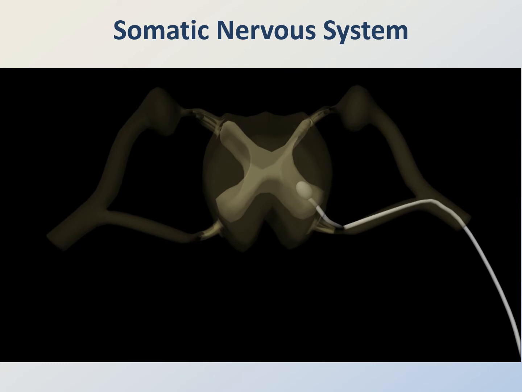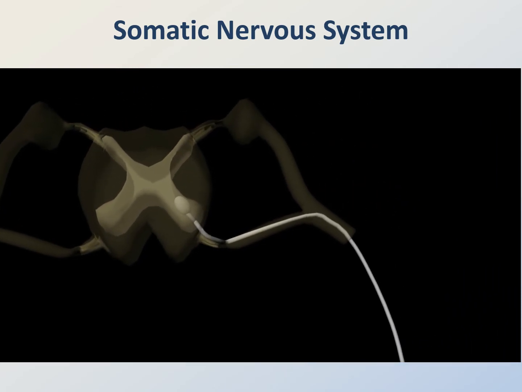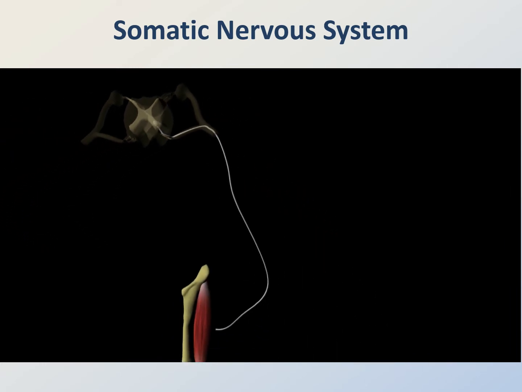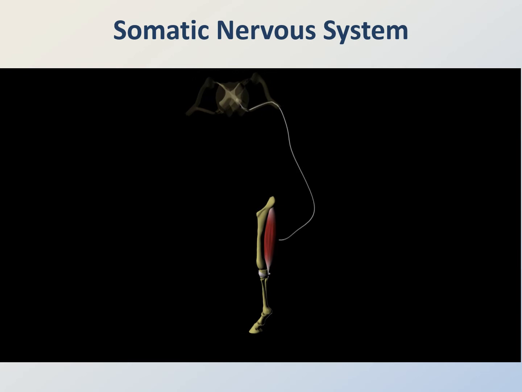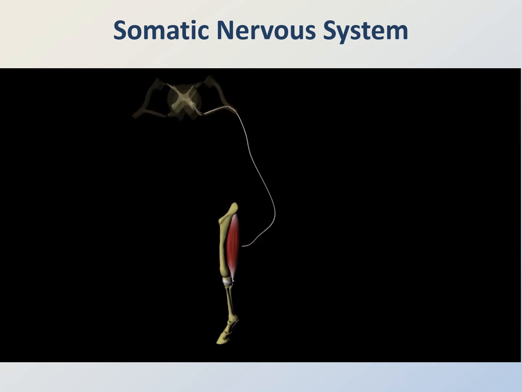The somatic nervous system specifically connects the central nervous system with skeletal muscle. The cell bodies of the neuron carrying the signal are located within the central nervous system, specifically in the spinal cord. Their axons leave the spinal cord through the ventral root of a given spinal nerve and connect directly with the skeletal muscle through a synapse to trigger an action by the muscle.